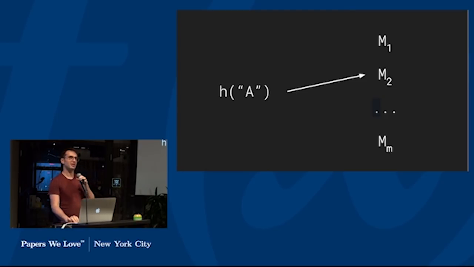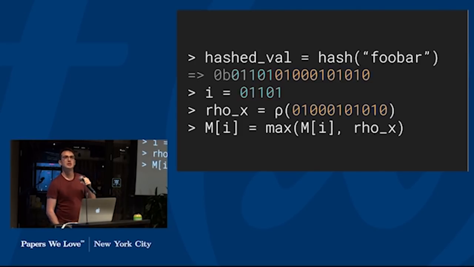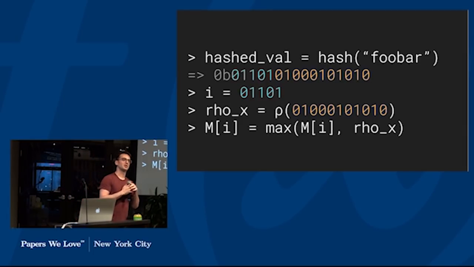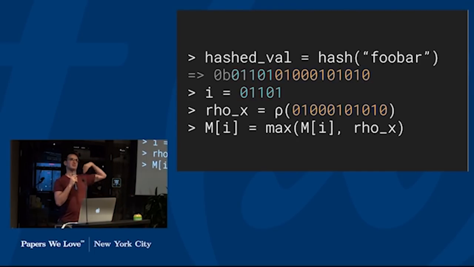All right, so with that in hand, we can just look at the actual add. This is it, this is the whole thing. It's pretty dense though, so we're going to walk through it line by line. So what we're going to do, we're going to hash our input value, and we're going to get out this binary string. We're going to lop off the leftmost bits.